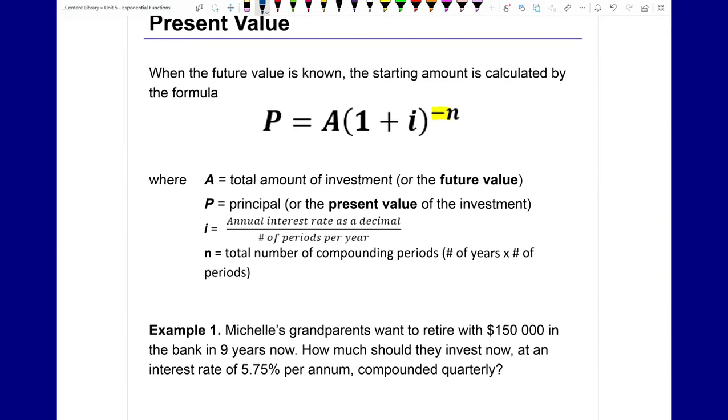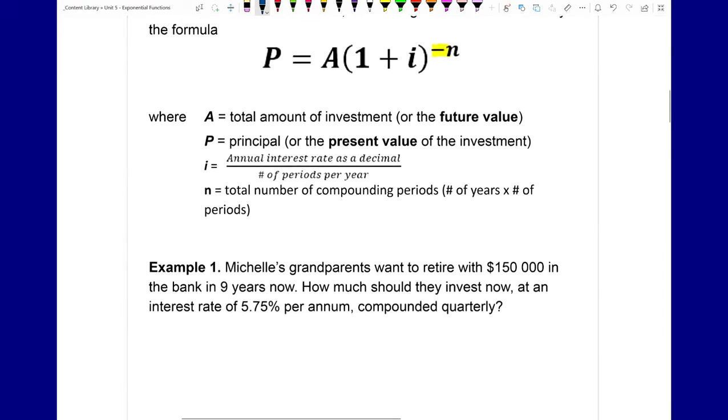The variables still represent the same thing. A still represents the future value. P still represents the present value. i and n are the two that we do have to do small calculations with before we incorporate them into our actual formula. But all the variables are the same as the compound interest formula.